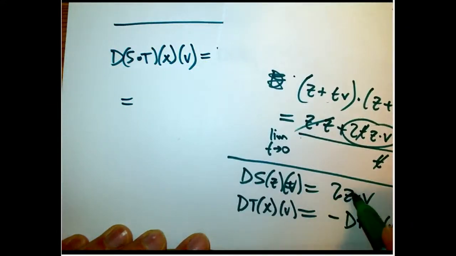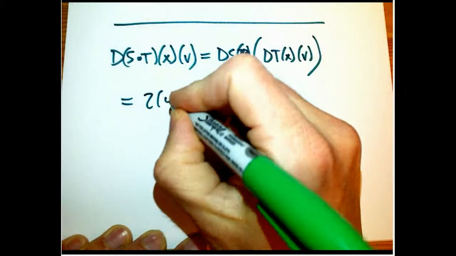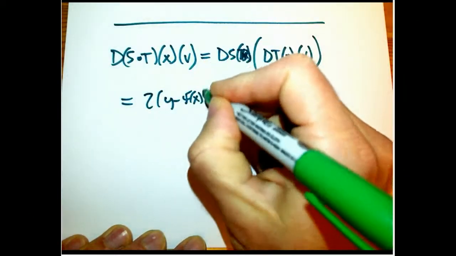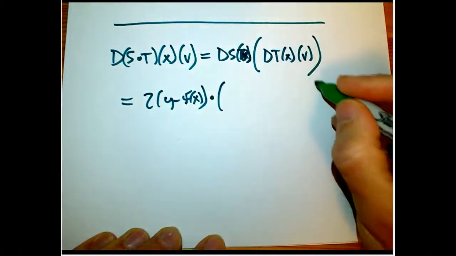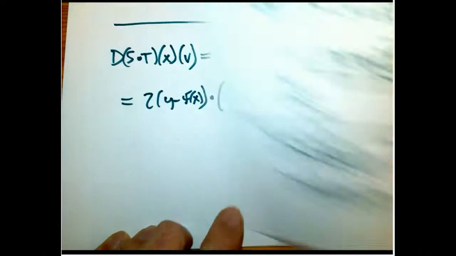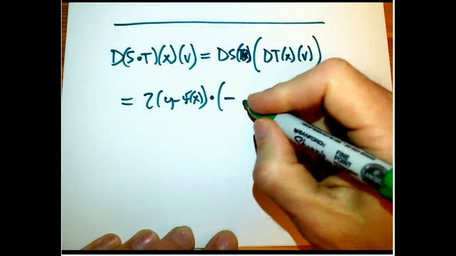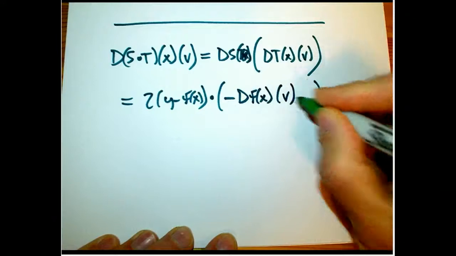So the t of x is going to go in here, in other words y minus f of x. So it's 2 y minus f of x dotted with all this stuff. But dt of x was just minus df of x, so minus df of x on v.